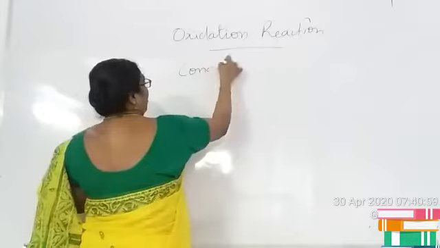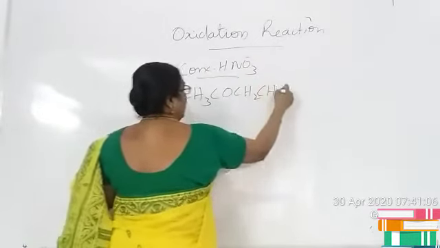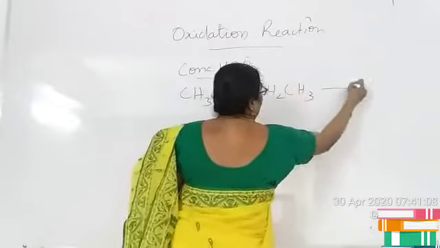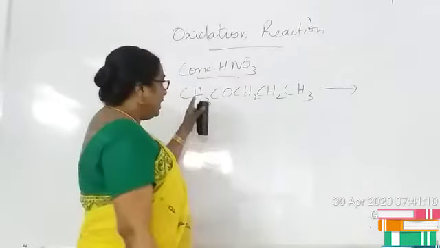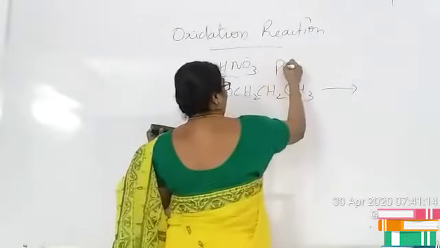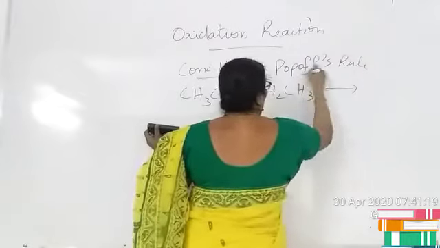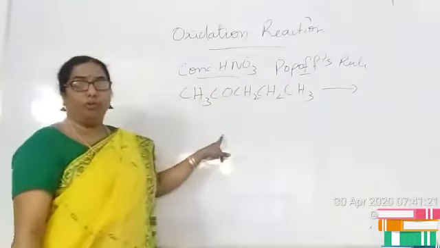When ketones undergo oxidation in the presence of a strong oxidizing agent, you will get the corresponding acids. Here we have to follow a rule which is termed as Popoff's rule.